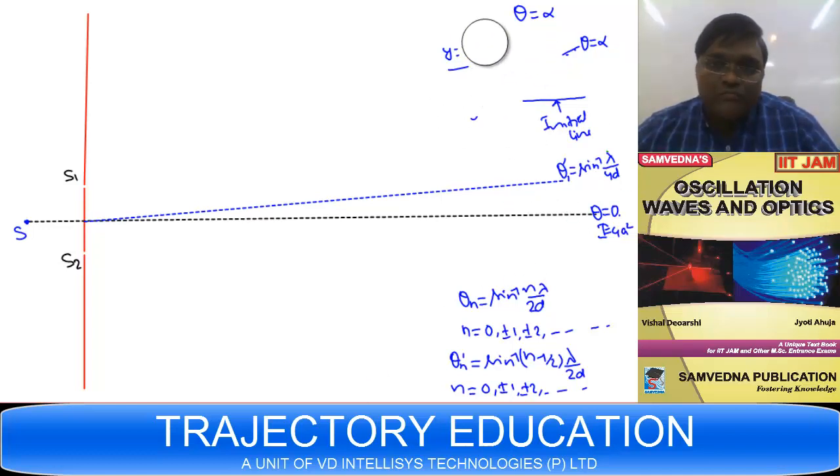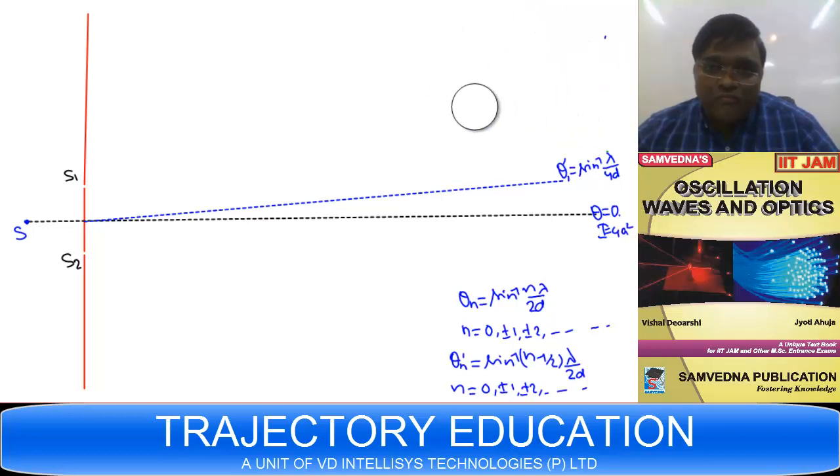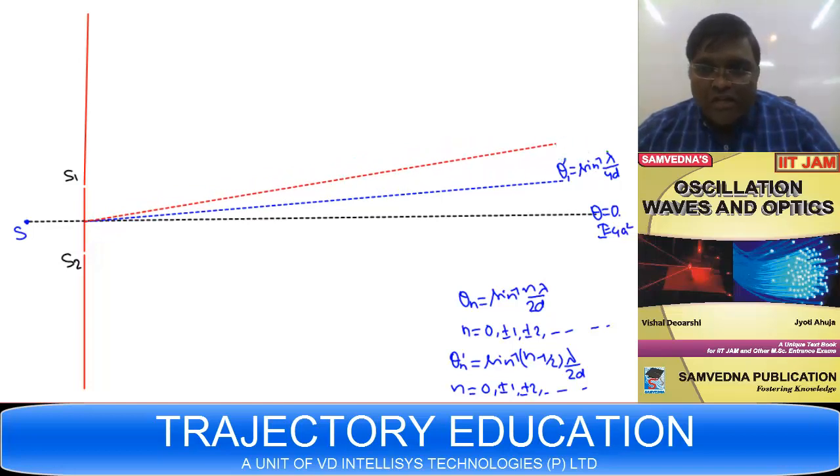Then the maxima will be formed at, again I put n equal to 1 over here. So set of all these points represented by this is a maxima. Theta 1 equals sine inverse lambda by 2d.